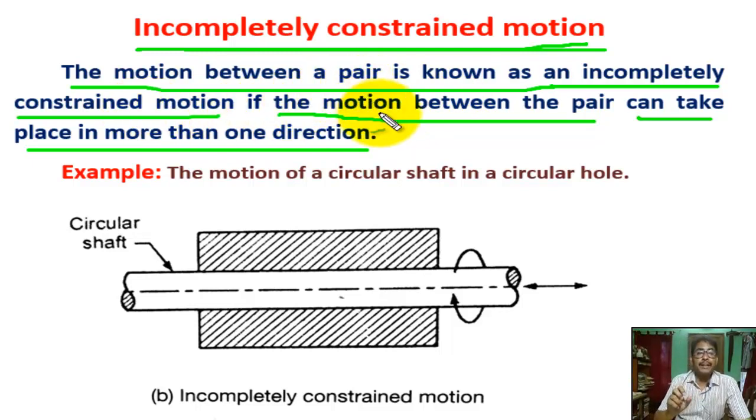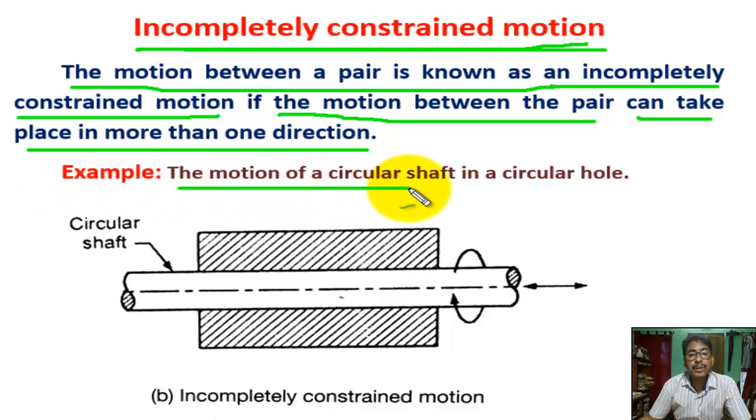When motion between the two links of a kinematic pair is possible in more than one direction, we call it incompletely constrained motion.